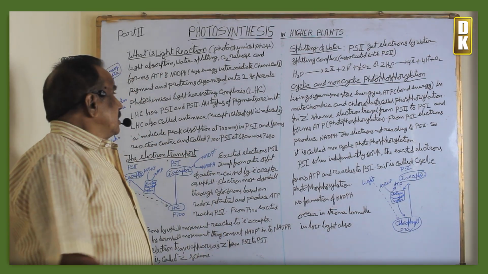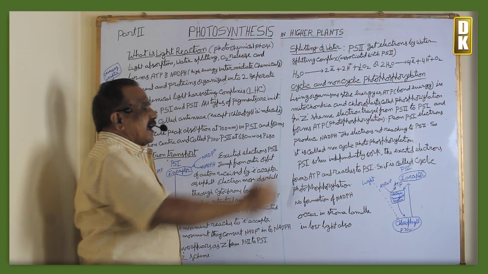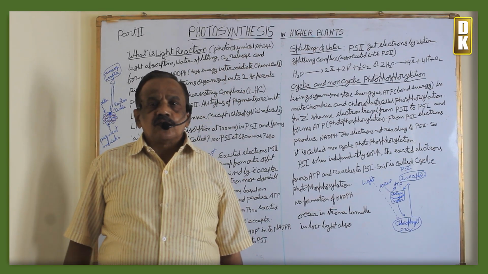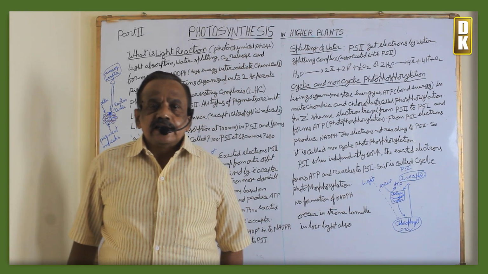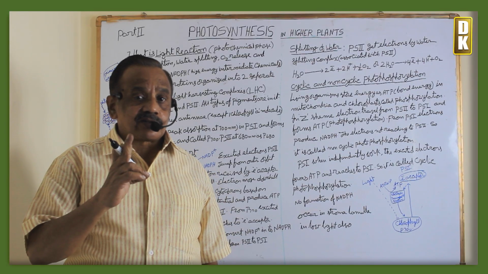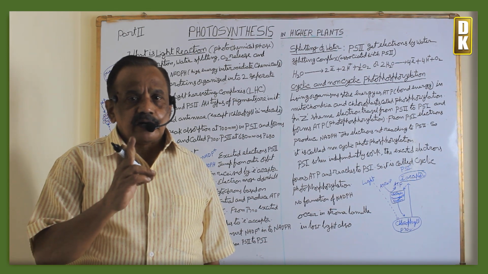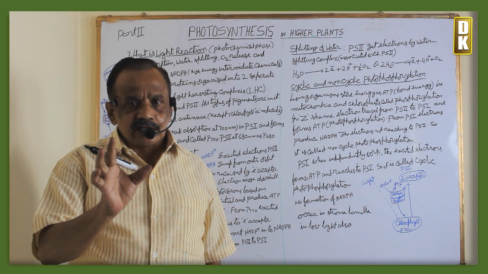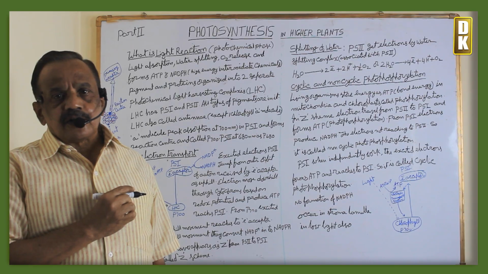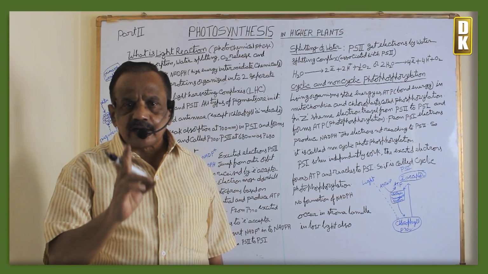That is why it is also called the photochemical phase. Whenever we see the term physicochemical process, as we already said in the introduction, it means total photosynthesis. Here the photochemical phase means only the light reaction, remember it.